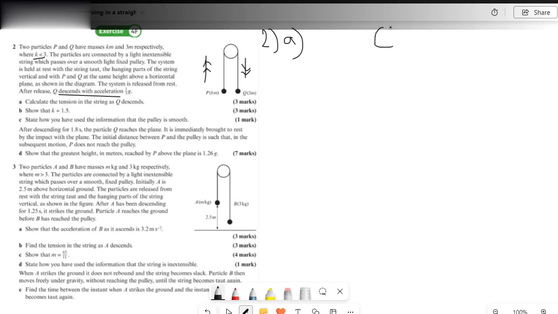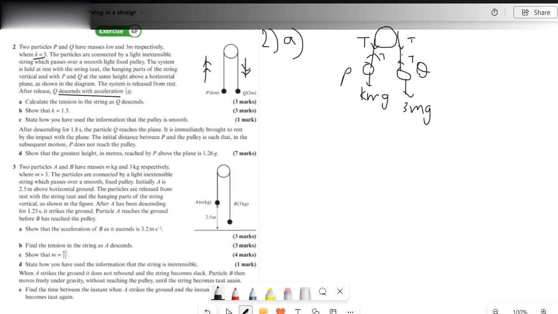If we redraw the pulley, if this is P with km mass, this should be kmg, and this being Q should be 3mg. Here there should be a tension as well as here, and similarly a tension here as well.